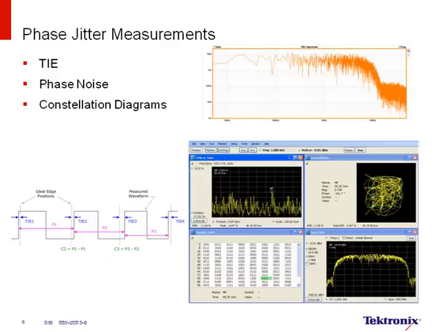The phase noise measurement is usually defined at a specific point at a specific offset, let's say 10 hertz or 100 hertz from the center frequency.